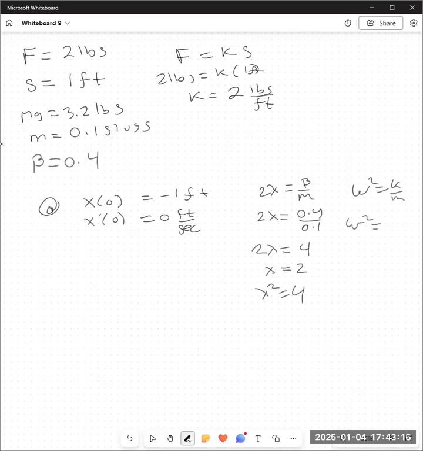So k is 2, m is 1/10, so omega squared is equal to 20. You definitely see that omega squared is bigger here. So lambda squared minus omega squared is equal to negative 16, which is less than 0. So this is underdamped, case 3.